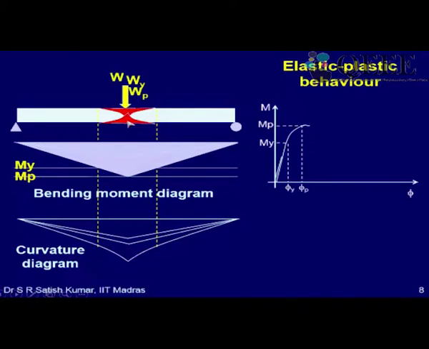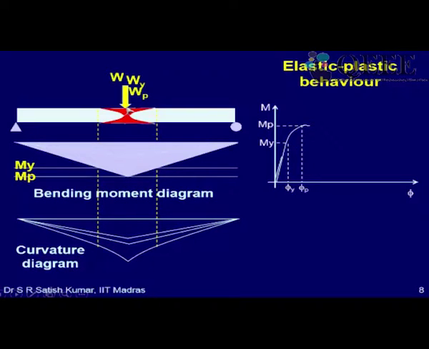This is called plastification along the length of the beam, and when these two plastification zones meet, we say that a plastic hinge has formed, and the curvature diagram has a sharp kink at this point. The M-phi curve slowly goes on losing slope until the slope becomes almost 0 at Mp.